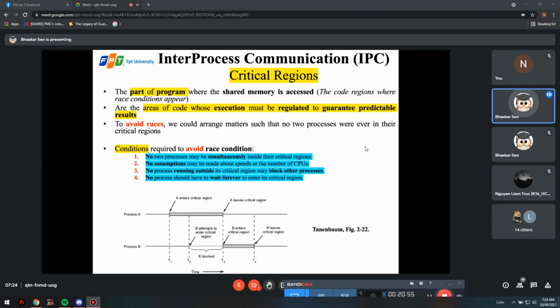Number 3, no process running outside its critical region should try to block another process. That is also important. So there shouldn't be any blocking, because if they block, basically who suffers? Everyone suffers.